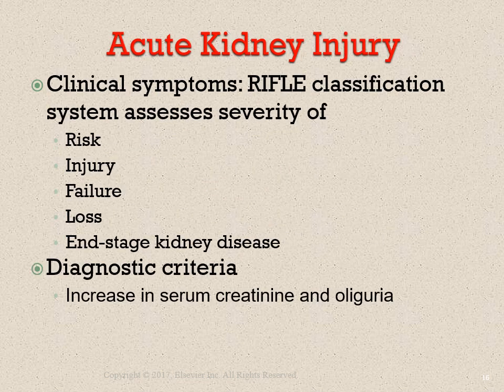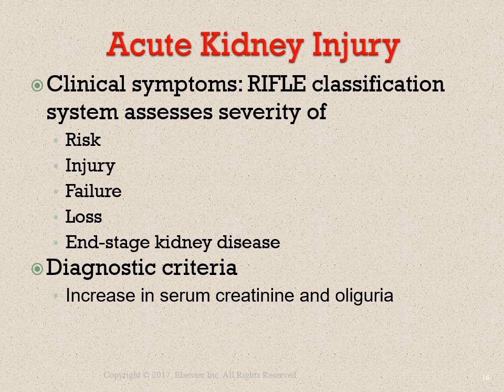Acute kidney injury. We have the RIFLE classification used for acute kidney injury. The RIFLE classification basically classifies the severity of the kidney disease. They have risk, injury, failure, loss, and then potentially end-stage kidney disease. So that's a classification system for the severity of kidney disease.